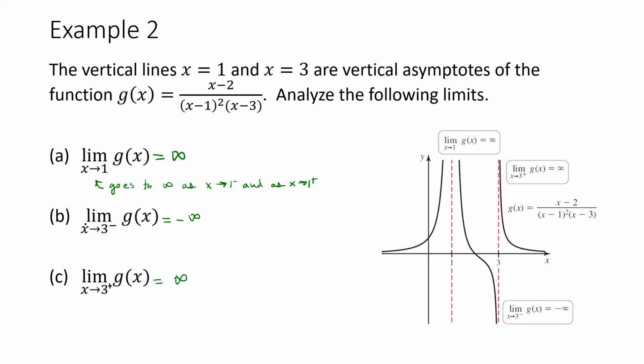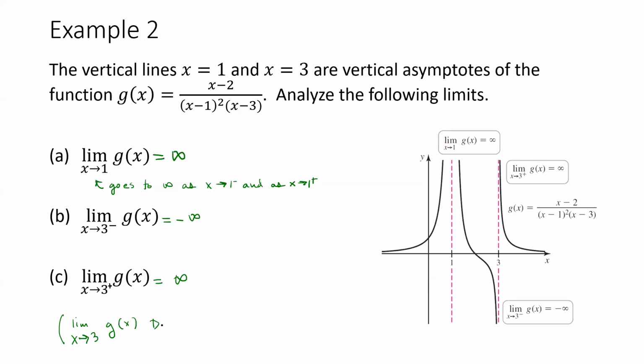Okay, so these are looking at it from the one side. If I were to write the limit as x approaches 3 without indicating a direction, could I say it's equal to infinity, or could I say it's equal to negative infinity? How would I describe this limit here? It wouldn't exist. Correct, yeah.